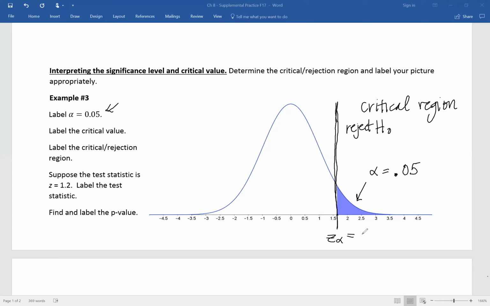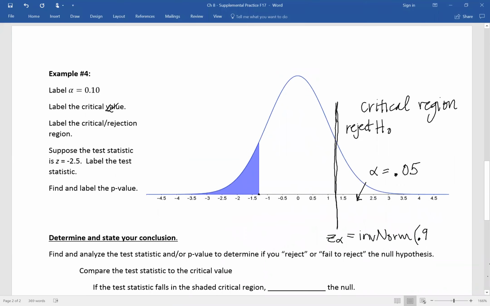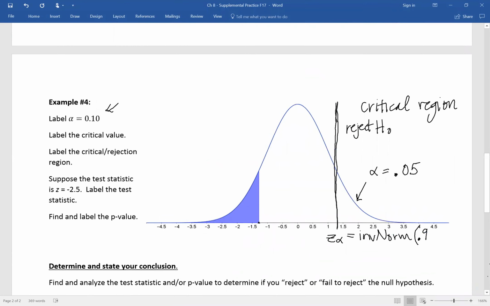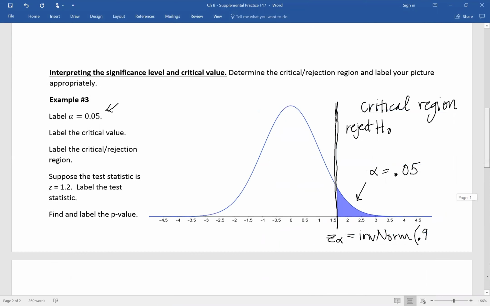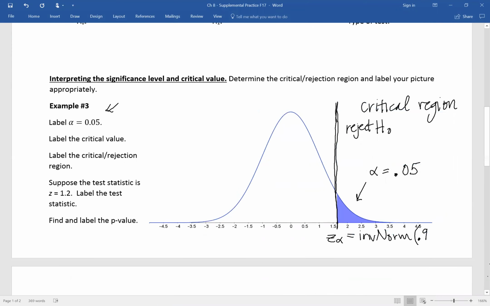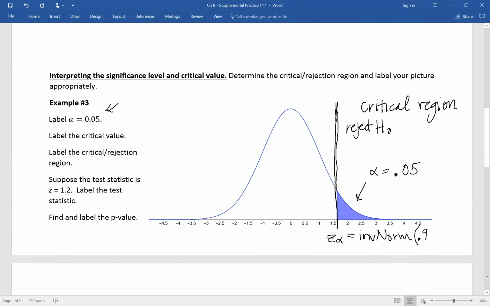So we'd like to find this critical value, z alpha. Well, we find that by using inverse normal. So this would assume that we're doing a z-test for proportions, or a one proportion z-test. Since we have 5% to the right, that means we have 95% to the left.